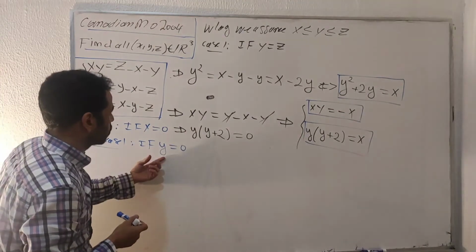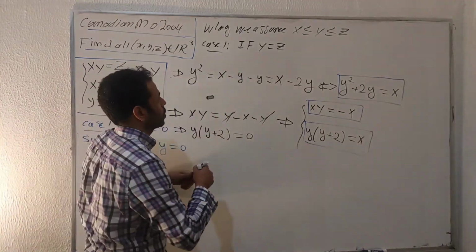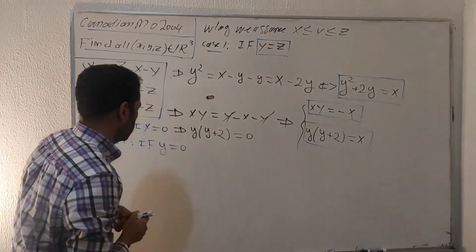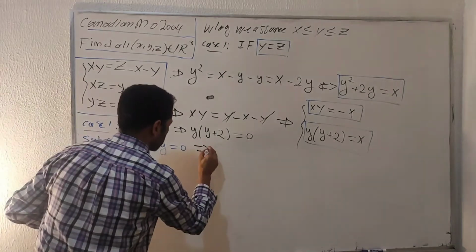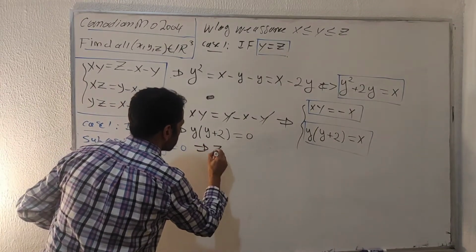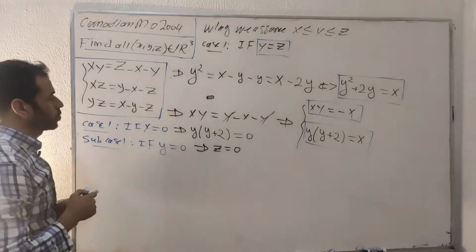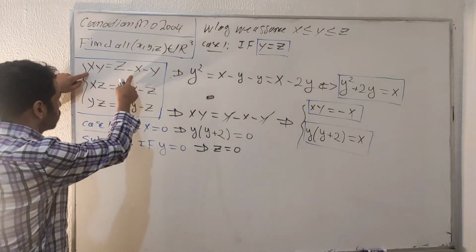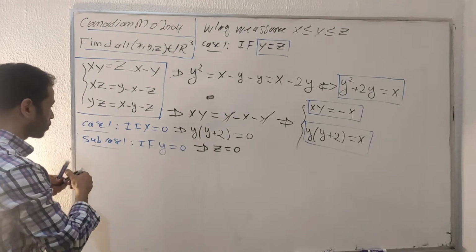If y equals 0, which means y equals z. Remember, we are always working with y equals z. So y equals 0 tells us z equals 0. Let's insert these two values into the first equation to find x.